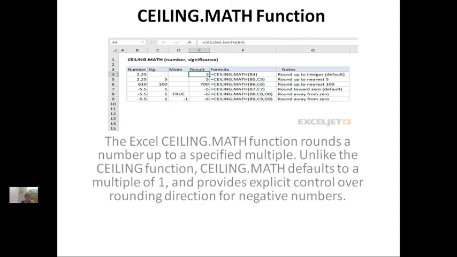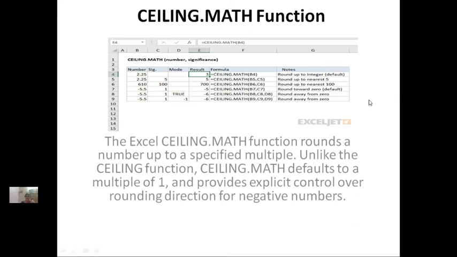Number 2.25, significance 5, result is 5, rounded up to the nearest 5. Next is 610, significance 100, result 700, rounded up to the nearest 100. Next is round toward 0 default. So these are the ceiling math functions.